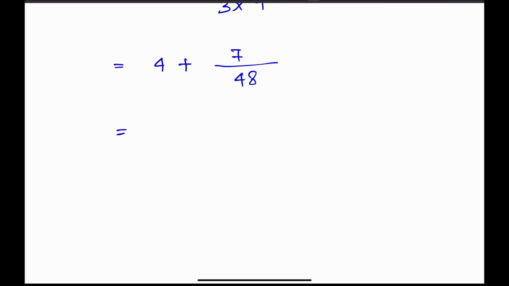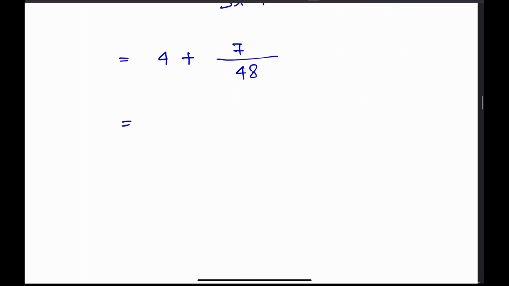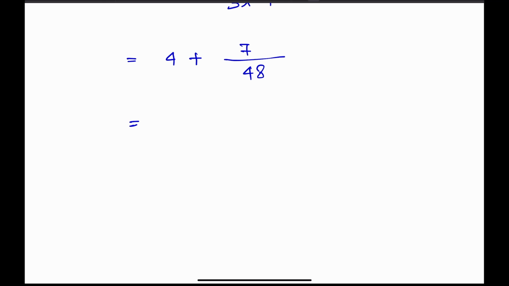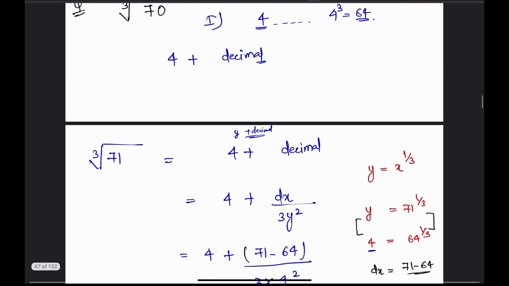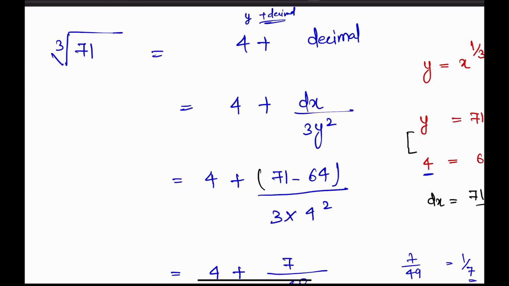So 7 by 48, we can say it's something around, if we take some approximation, 7 by 49, which is 1 by 7.